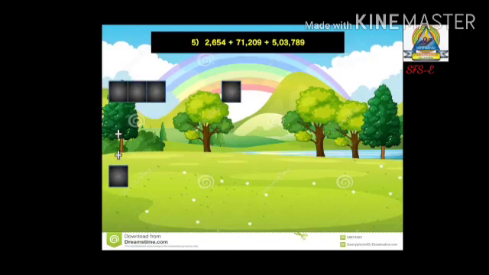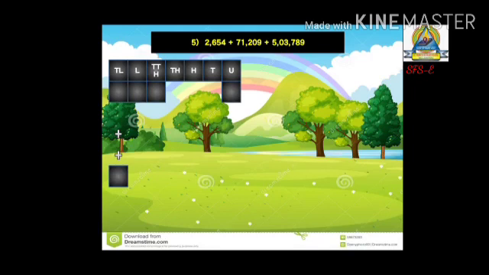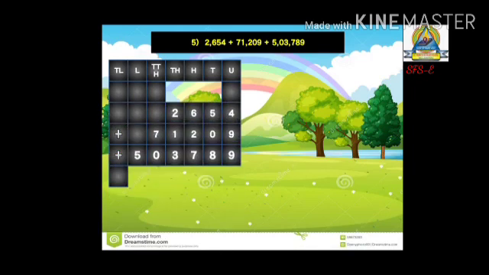First number is 2654 plus 71,209 plus 5,03,789. Using the same method you are going to solve this sum. Okay, only difference is here they have given one extra number. Okay, let's see how to solve. First, place names and then write down all 3 numbers. Don't forget to give the addition sign.